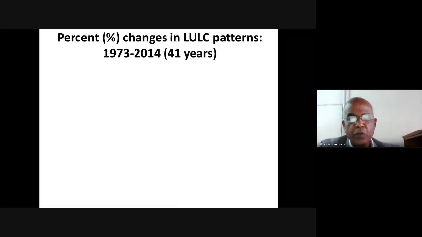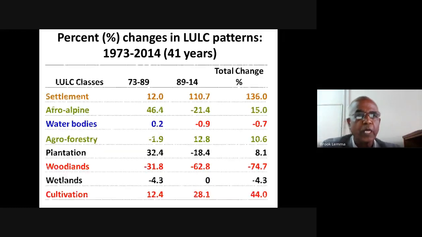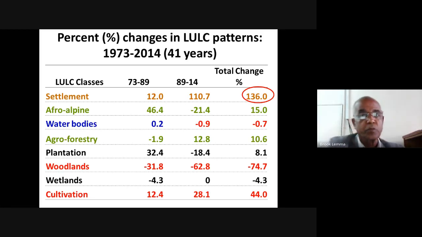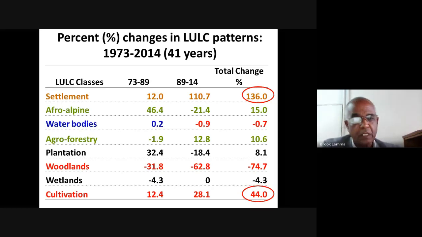So looking at the percentage of land use and land cover at Lake Zowai, the settlement has increased by 136% in 41 years. The cultivated area has increased by 44%, and the woodland has decreased to below 0.75%. The woodland has completely disappeared.